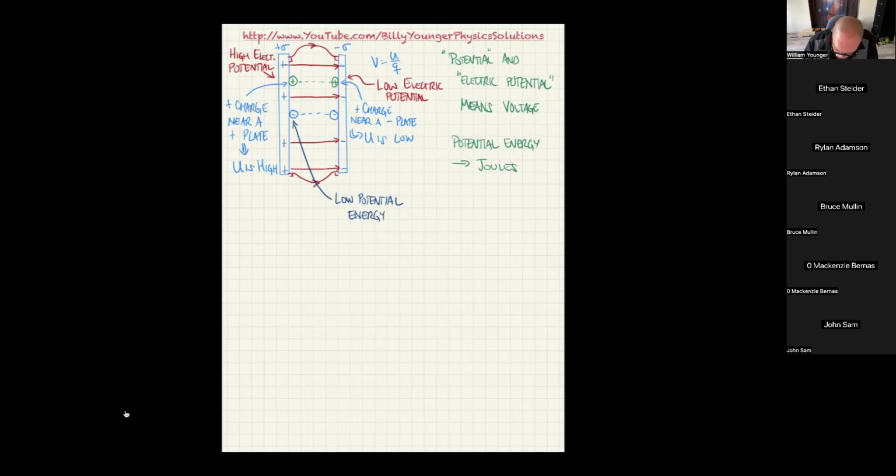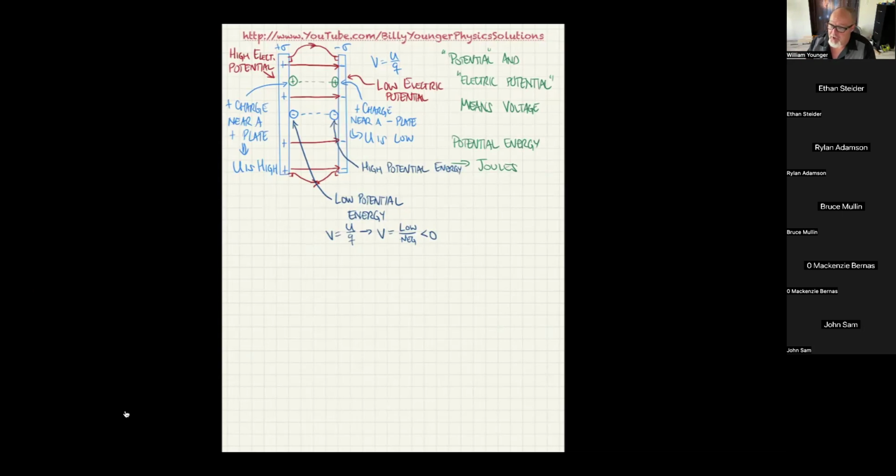Okay. But V is equal to U over Q implies V equals a low number divided by a negative number. And of course, that means we get less than 0. Here I have a high potential energy, because that time I have a negative charge next to a negative plate.